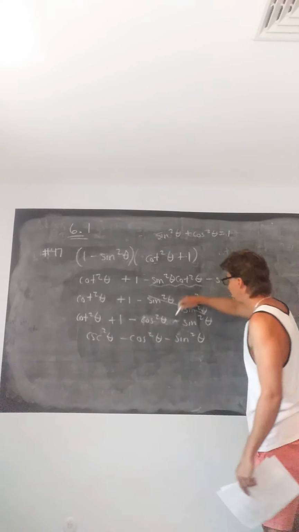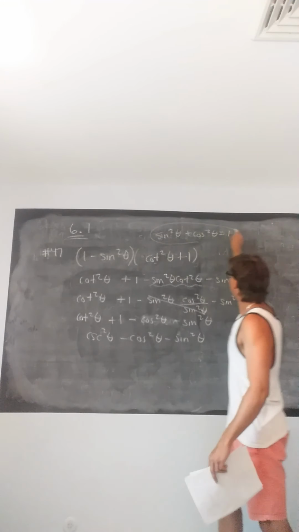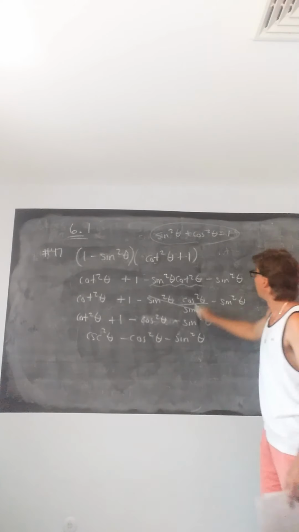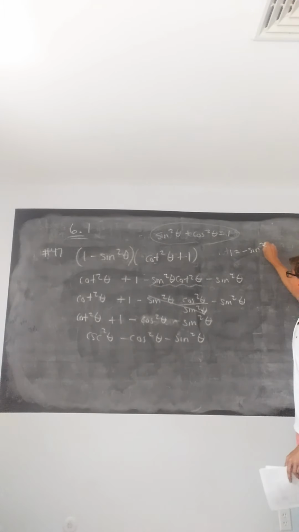However, let's try to rearrange this and get both of these on the opposite side. So again, sine squared plus cosine squared is 1. If we move that over to the other side, what are we going to get? You're going to have 1 equals negative sine squared minus cosine squared. Do we have that? Yeah, we do, right here.